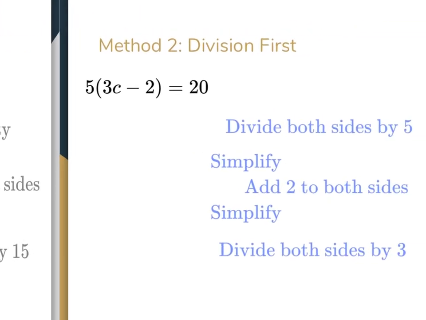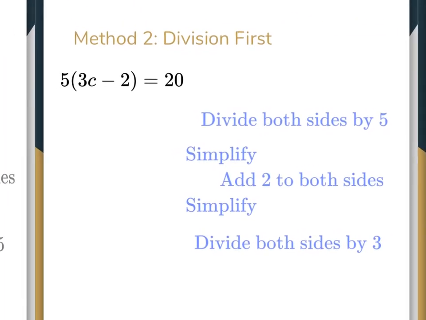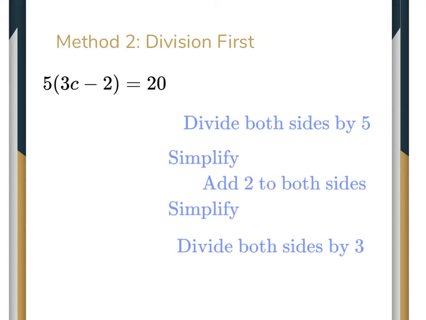Now for method 2, since the distributive property is multiplication, so the 5 is getting multiplied to each term inside of the parentheses, what you could do first to get rid of the distributive is to do the inverse of the 5 being multiplied.